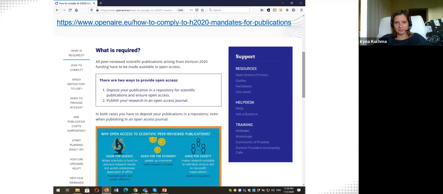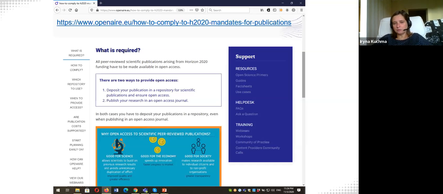together with publications. And these are standard requirements from the European Commission, non-COVID related, and they are more or less aligned with requirements of other European funders.